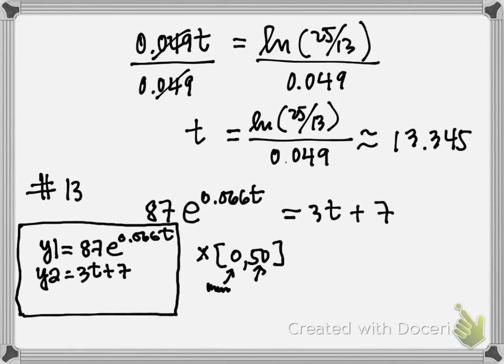And for the y, my window was 0 to 500, so the minimum for y was 0 and the maximum is 500.